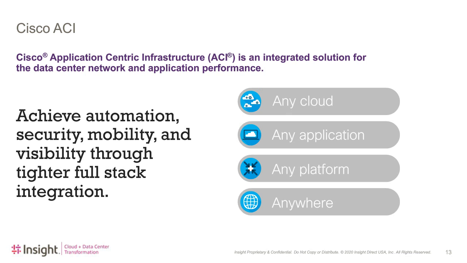You define objects, you define contracts, you define the application network profiles in which everything then communicates. This infrastructure is what allows you to provide that automation, that security, the mobility, and the visibility of your actual infrastructure. And we're going to cover some of these throughout these next few slides.